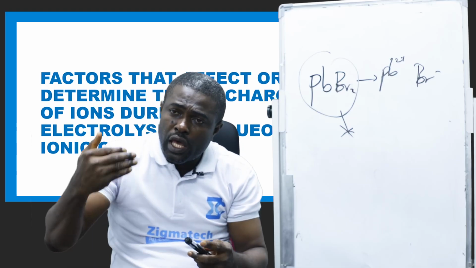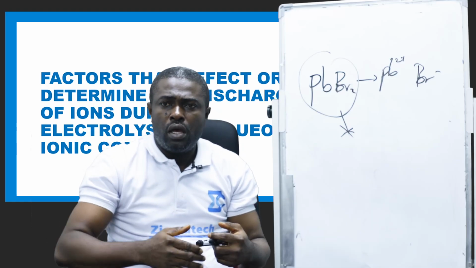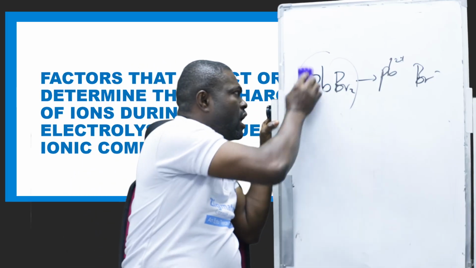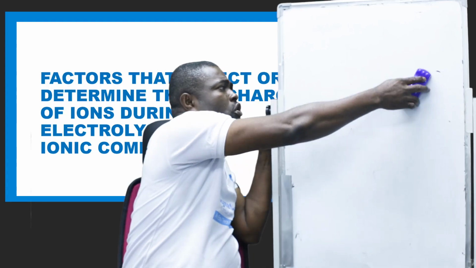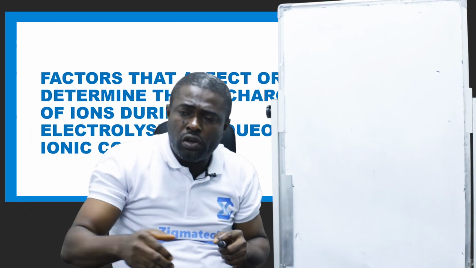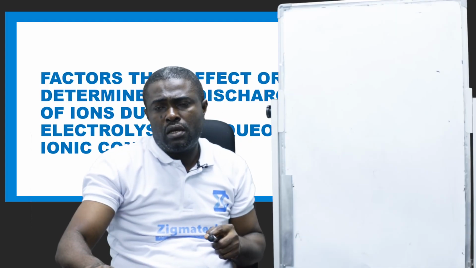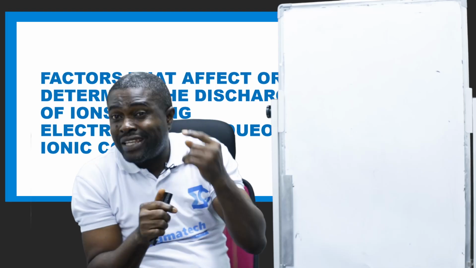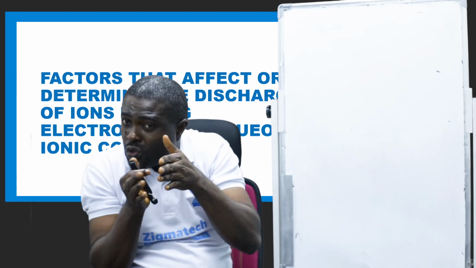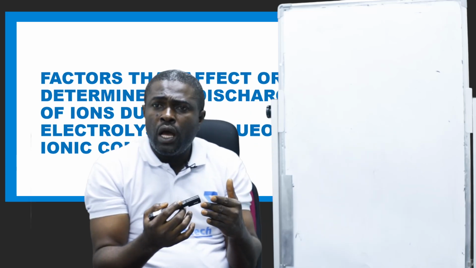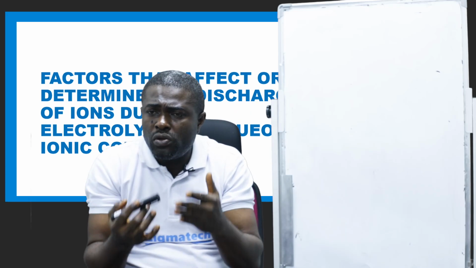Then we discuss the aqueous. Imagine we have an ionic compound that can dissolve in water. Because an electrolyte is the ionic compound that is in solution or molten. Now, for the solution, how do you make it to be a solution?